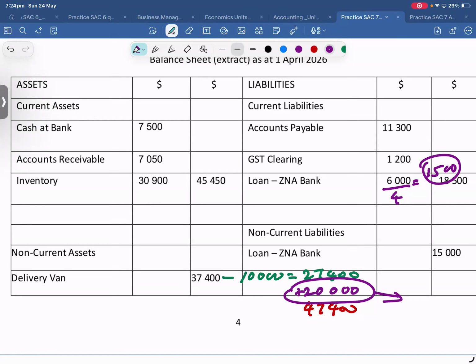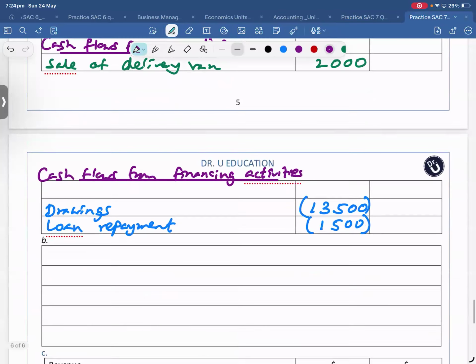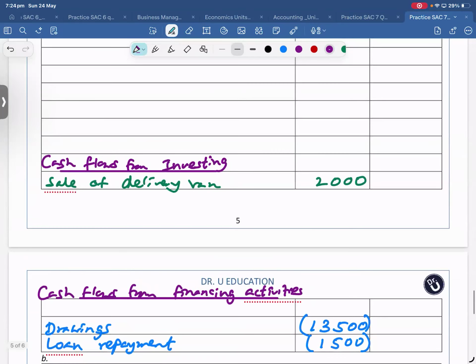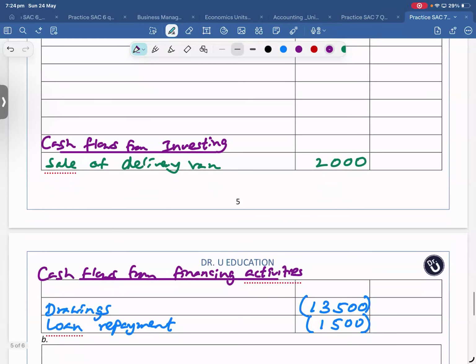GST. Too easy. So don't forget GST, guys. You have to add GST as well. So everything you are receiving, 22,000.